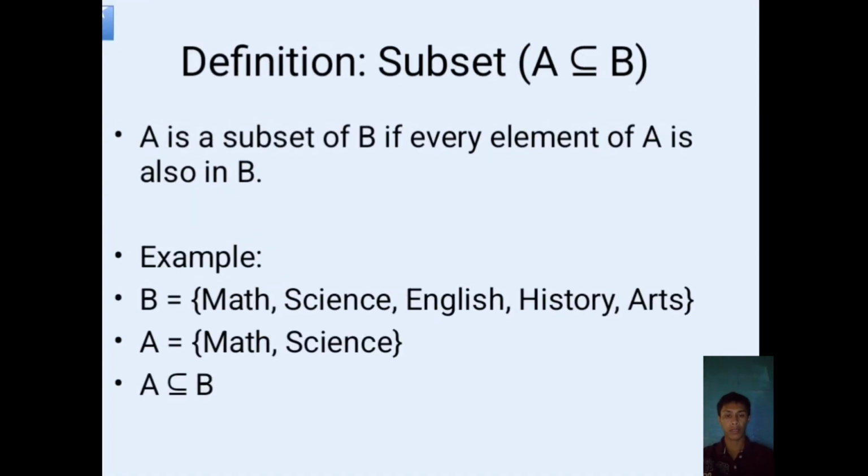So let's discuss first the subset. When we say a subset, it means that every element of a certain set is also present in another set. The symbol of subset, if you look at the presentation, is an open parenthesis and close parenthesis with the elements A and B, and between A and B there is a symbol.